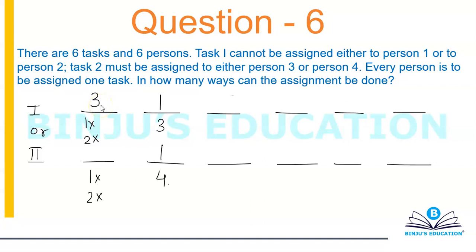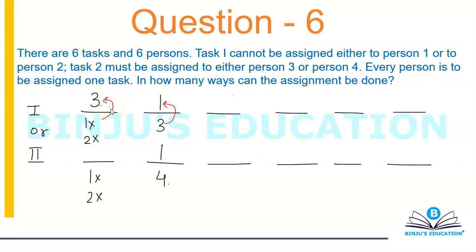So one of 4, 5 and 6 will be doing task number 1 in case number 1. Apart from that I don't have any other condition, so I don't really have to worry about it. So two persons are already assigned their respective tasks, that is person 3 with task number 2 and either of 4, 5 and 6 to task number 1.